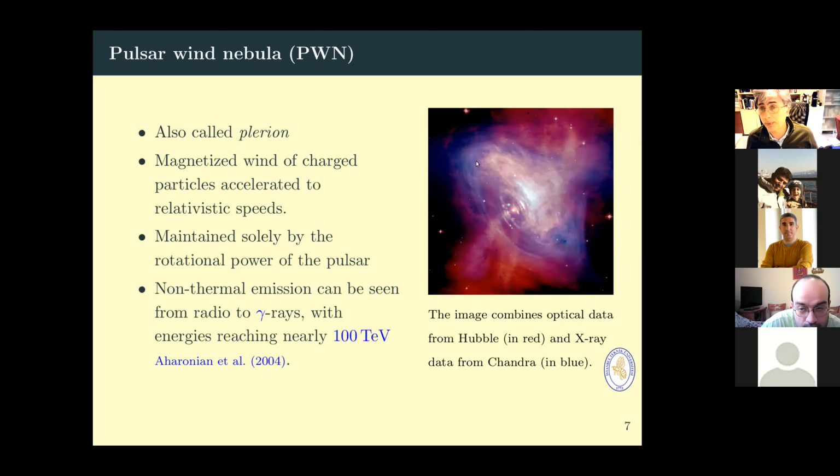At the inner parts, you see the pulsar wind nebula, which is a magnetized wind of charged particles accelerated to relativistic speeds. And this is the hallmark of this pulsar action. Non-thermal emission can be seen from radio to gamma rays, and in the high gamma range, you can reach up to 100 tera electron volts.